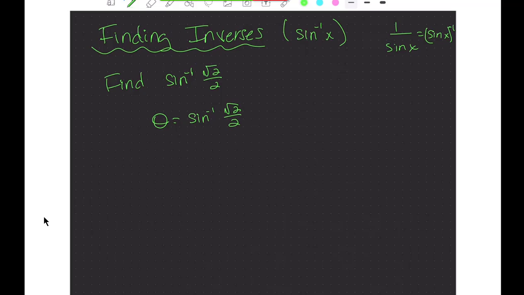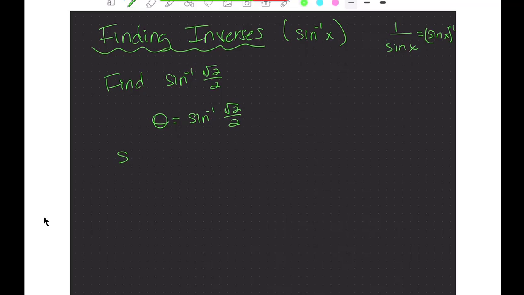In order to do that, I need to figure out how to get rid of that inverse. Anytime we multiply any function by its inverse, it goes away. It becomes 1. So I'm going to multiply both sides by sine.